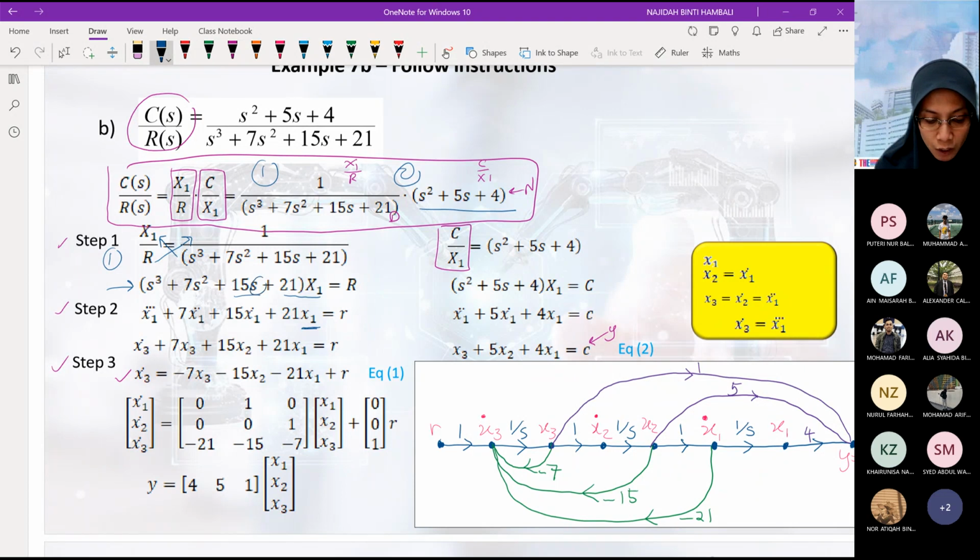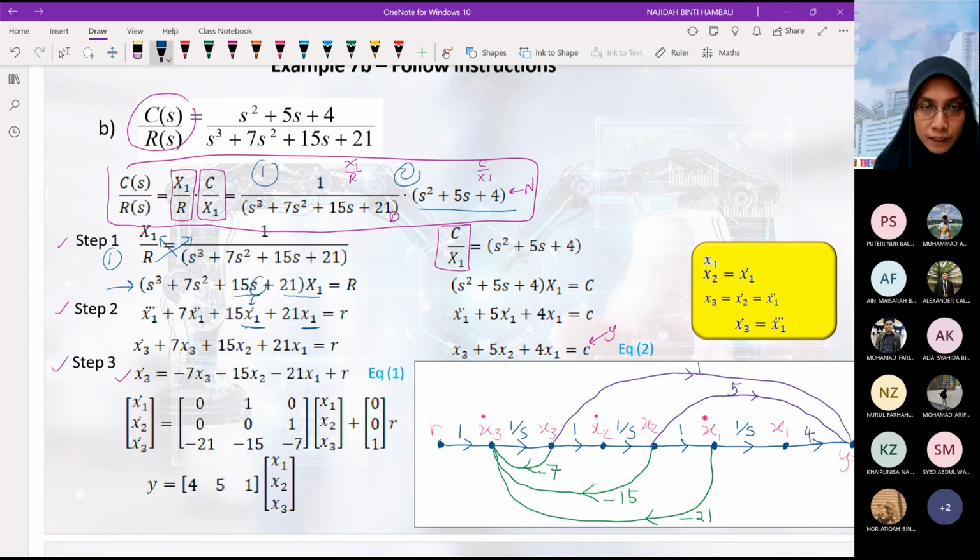This s contributes a single dot. Variable x1 is maintained, and the polynomial s with the power of 1, the first order polynomial, will contribute a single dot on the top of the variable x1. Then you take the coefficient together, it becomes 15 x1 dot.